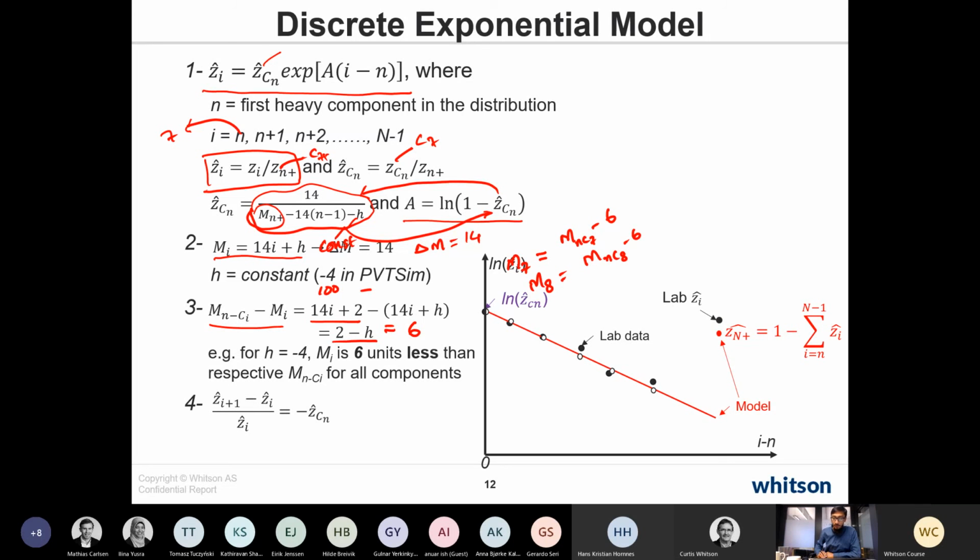And this is the amount of the first carbon number that comes from this equation here. And A is mainly representing the slope of this line, which is mainly a function of the average molecular weight we have seen before. So the higher the average molecular weight, for example for oils, this straight line will be less steep.